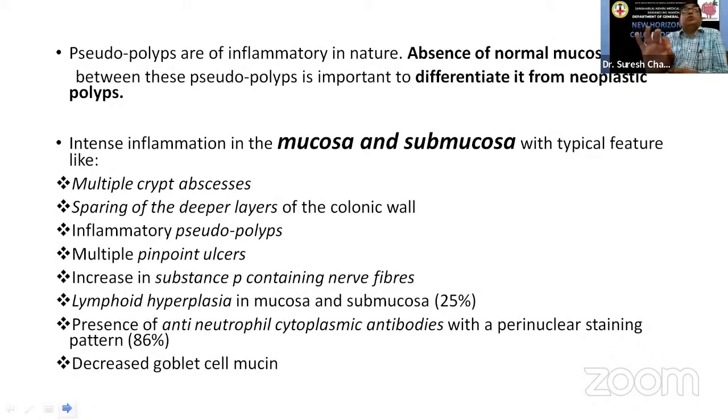Pseudopolyposis or pseudopolyps are inflammatory in nature. Absence of normal mucosa between these pseudopolyps is important to differentiate them from neoplastic polyps, that is adenomatous polyps.